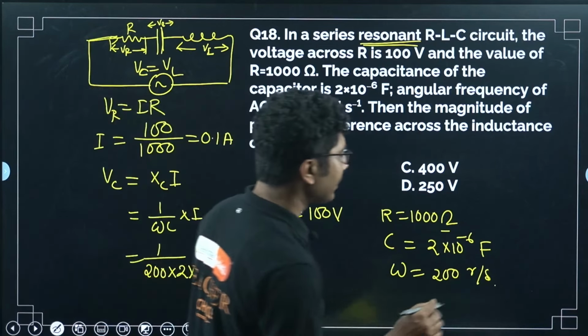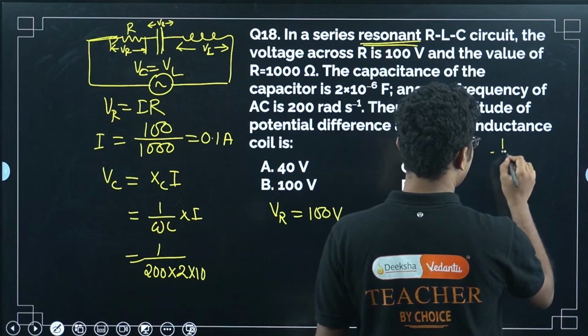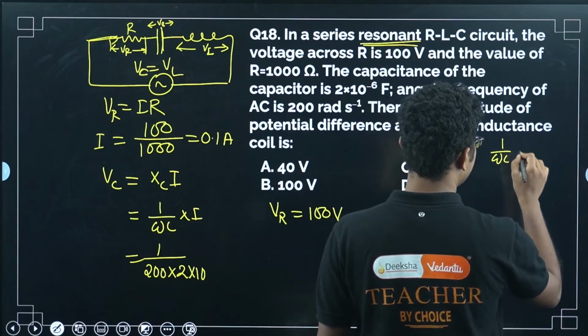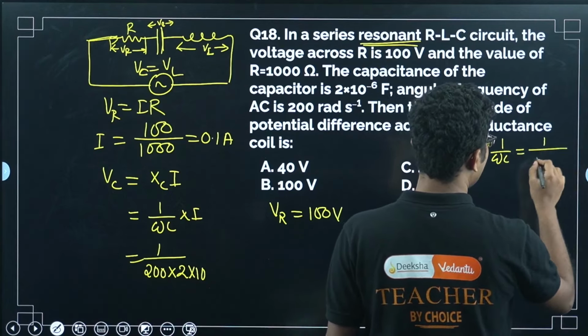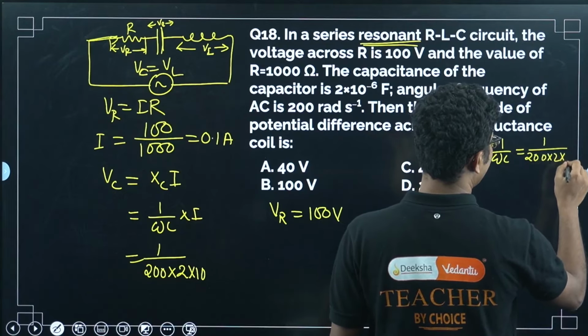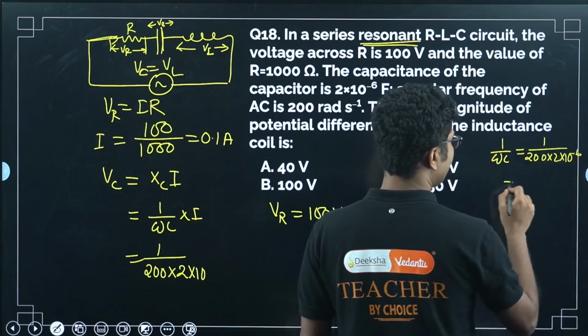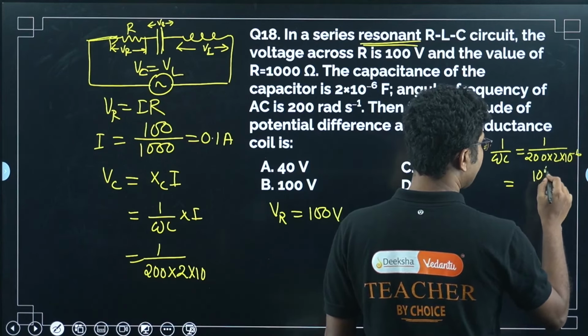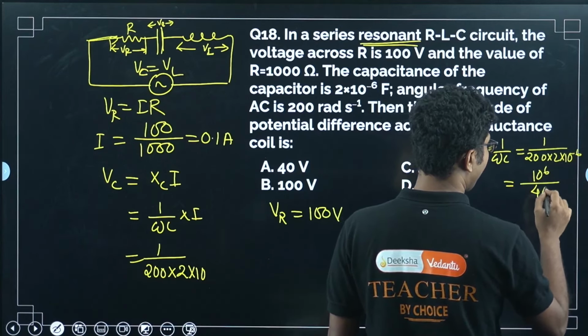Let me calculate 1 by omega C here, then I can save some space. So 1 by omega C is 1 by 200 times 2 times 10 to the power of minus 6. So it will be 10 to the power of 6 divided by 400.